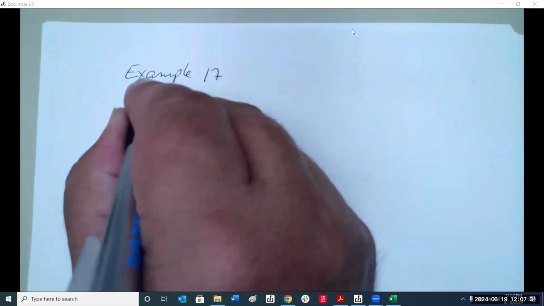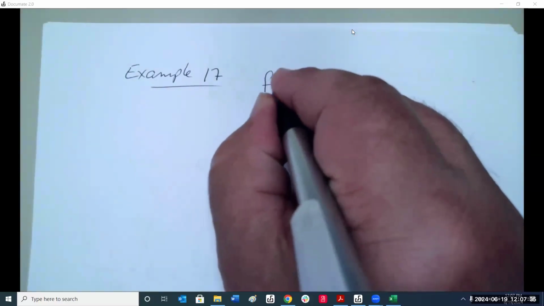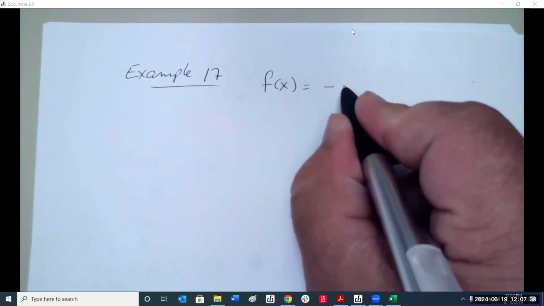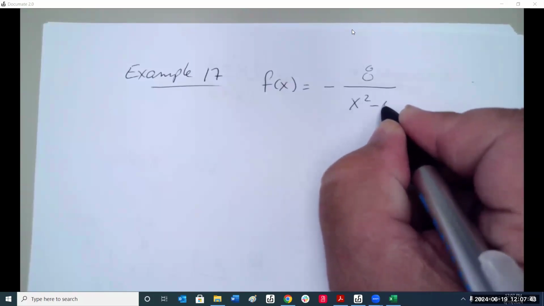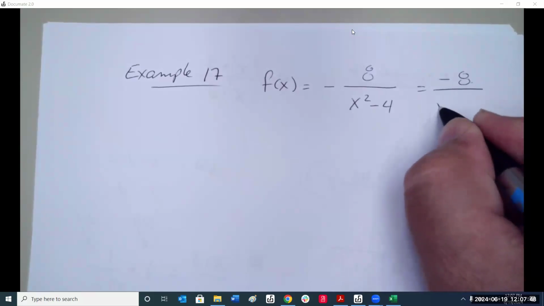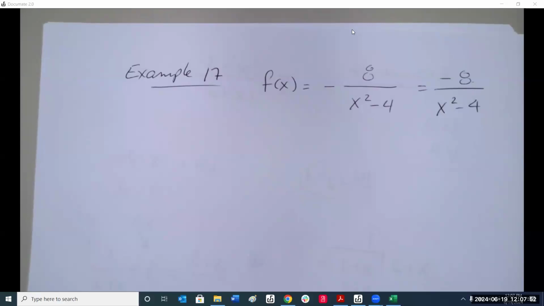Example 17. Find the horizontal and vertical asymptotes of this function: -8 over x squared minus 4. If you want to, you could do that. Ooh, we're getting close to the end.